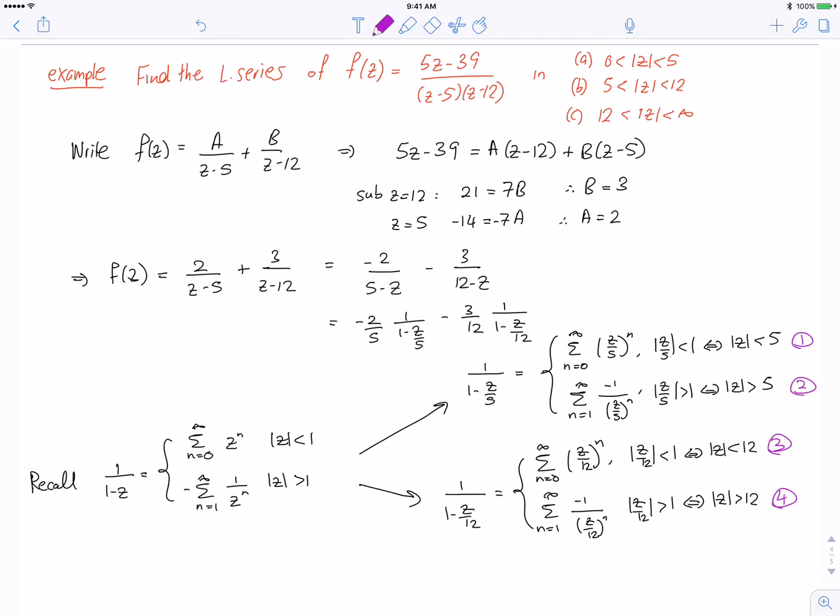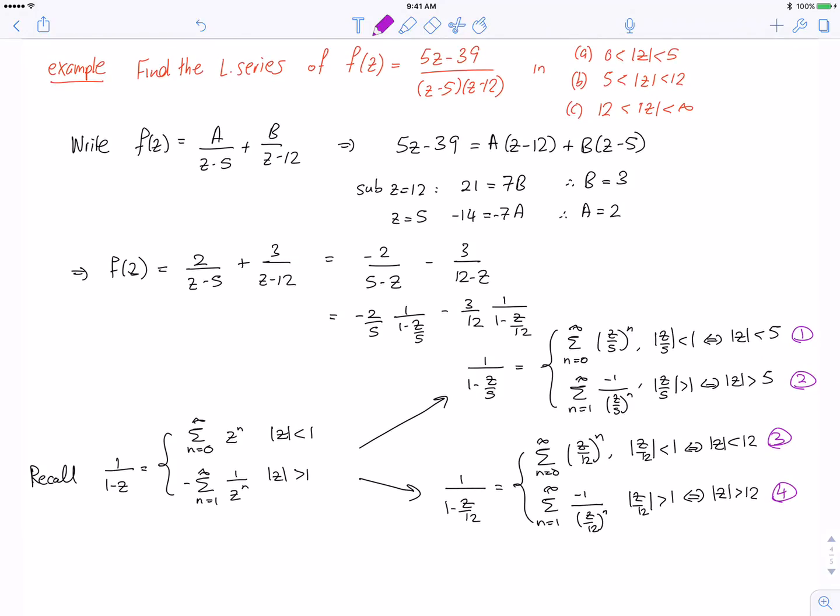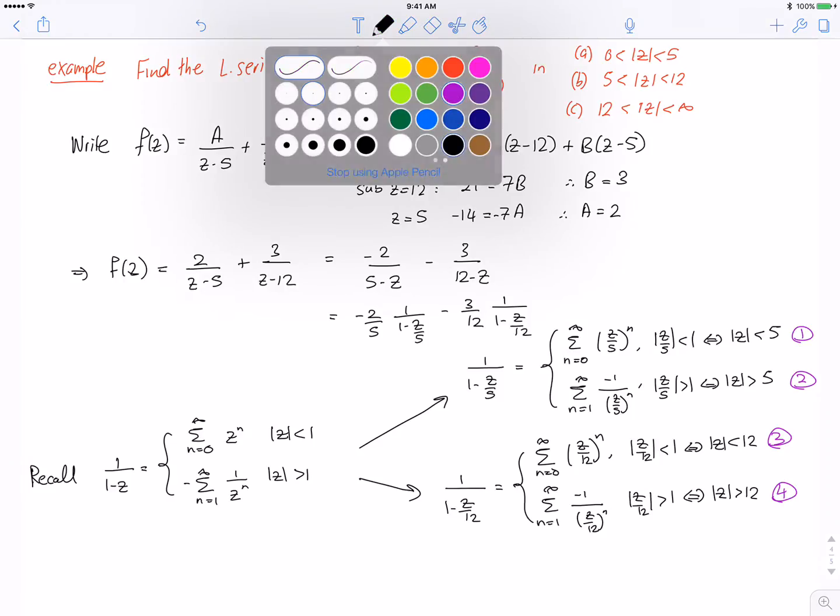Because 1 holds when the modulus of z is less than 5, 3 holds when the modulus of z is less than 12. So when I add them, they are both still going to converge when modulus of z is less than 5. And that's going to be the answer for part A. So you can write it like this.